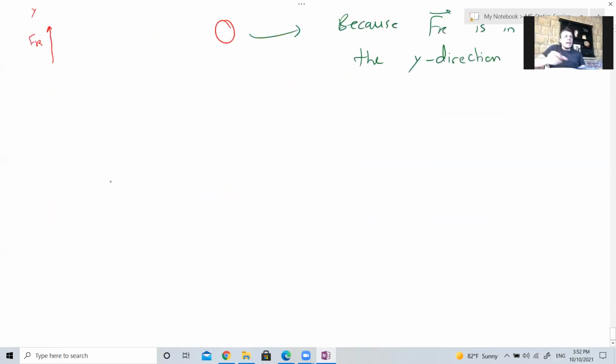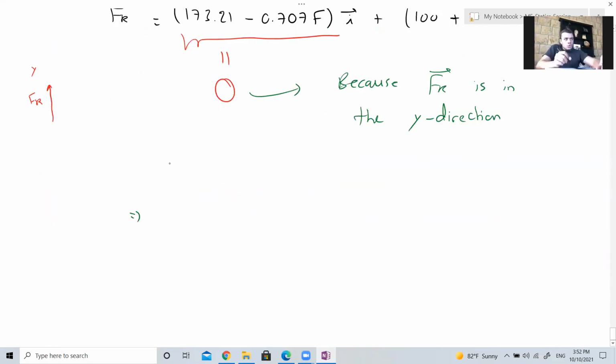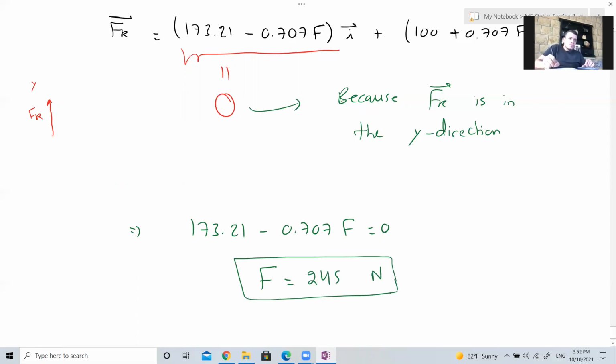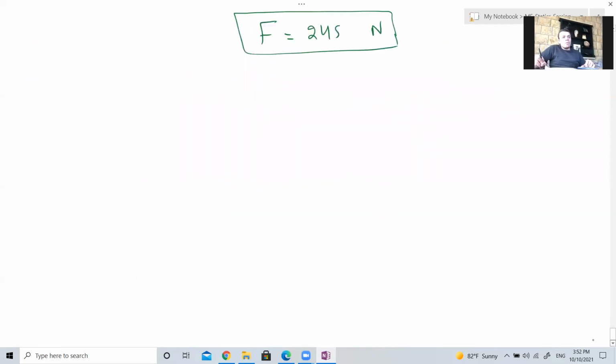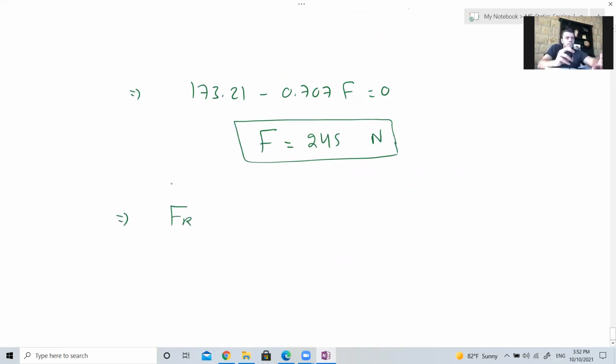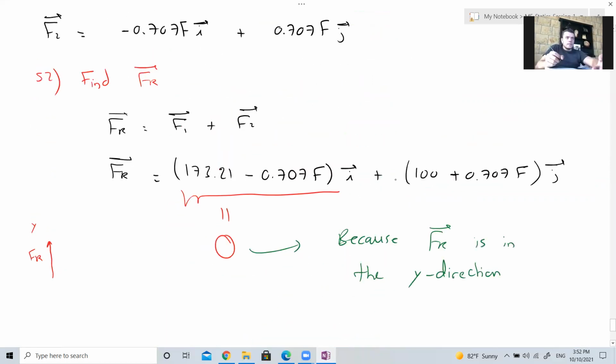تمام. يعني من هيدي الايكويشن فيك تقول انه 173.21 minus 0.707 F is equal to 0. فيك تطلع F. Okay. بيطلع لك 245 نيوتنز. Okay. Now you can find FR. تمام. which is this. هيدا هو الاف ار.